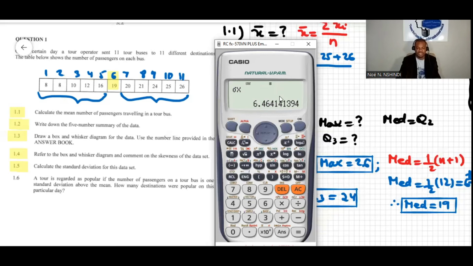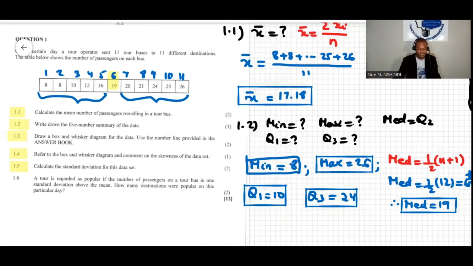It's 6.46, to the second decimal place. So therefore we say the standard deviation, SD, will be equal to 6.46.